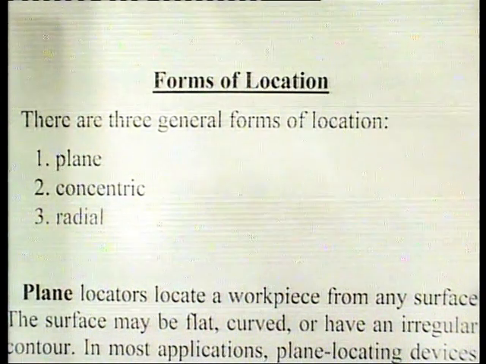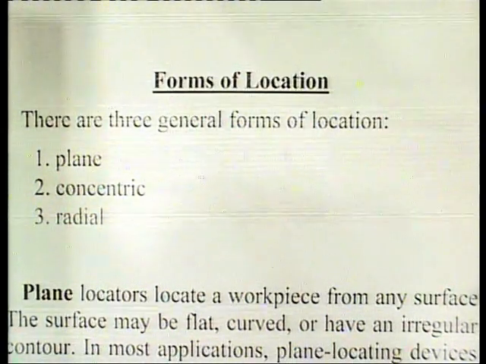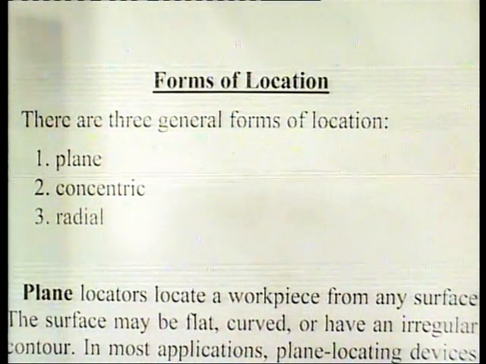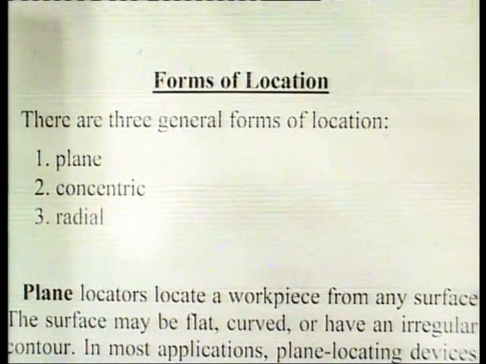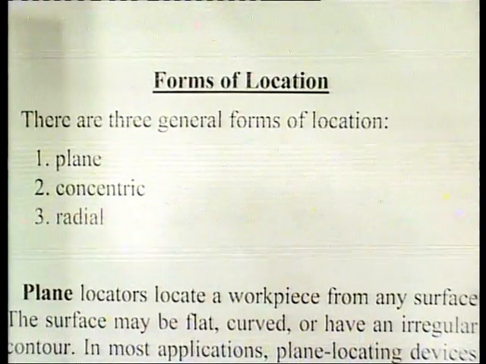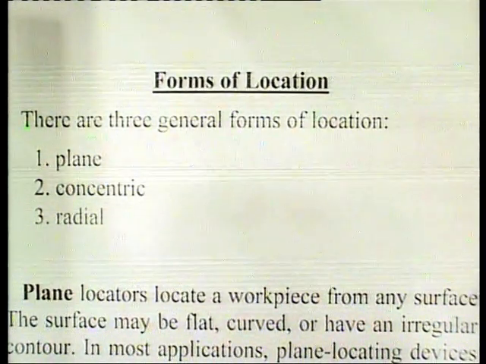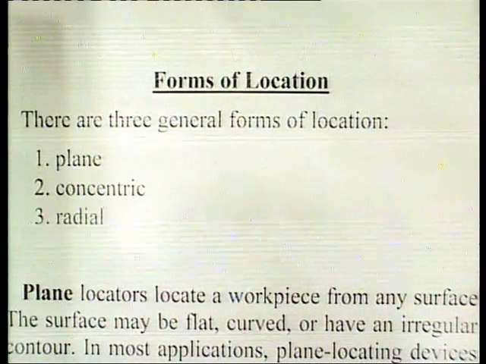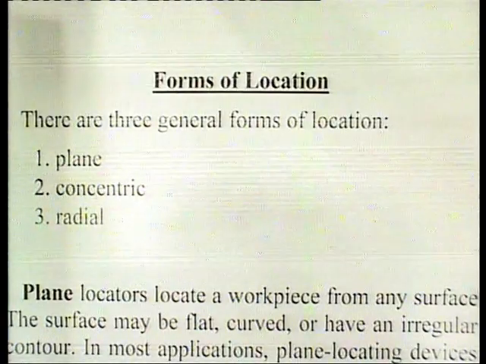Plane locators locate a workpiece from any surface. The surface may be flat, curved, or have an irregular contour. In most applications, plane locating devices locate a part by its external surfaces.